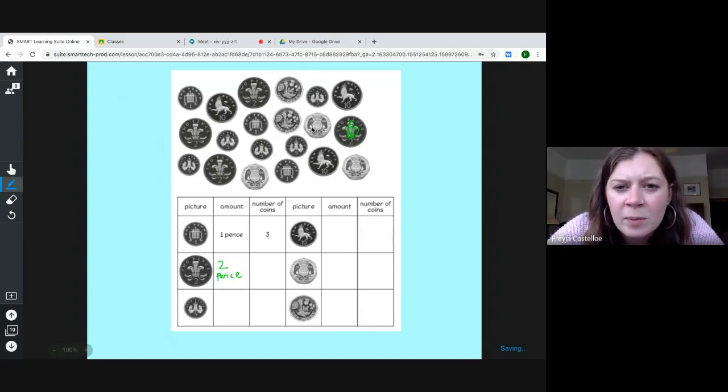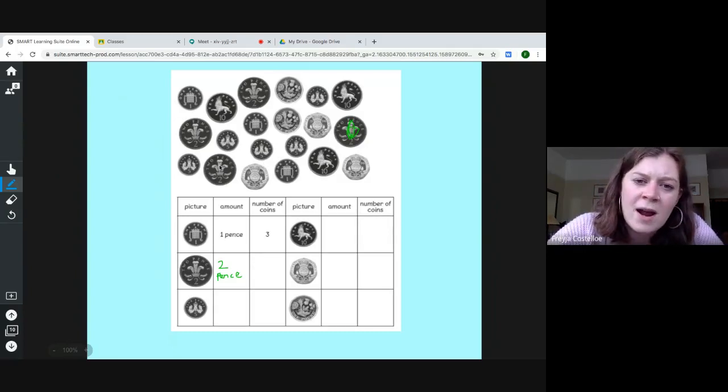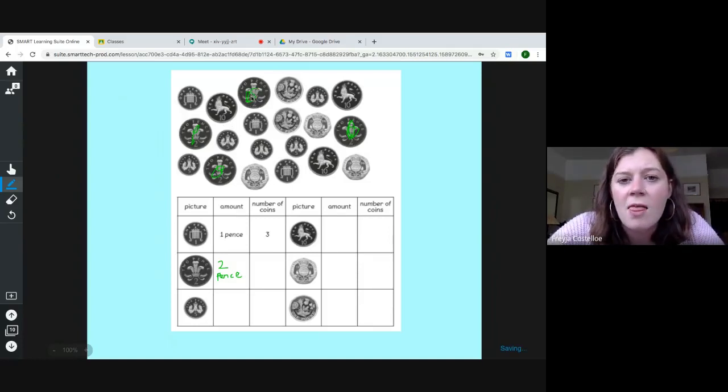Is that a 2p? I can see a 2 on that, but it's got those edges, and my 2p I know is round. Oh, there's another one. 1, 2, 3. That one's round, but no, that's got the lion on it. So I know that's a 10p. There's another one. Are there any more 2p's up here? No, there are not, are there?